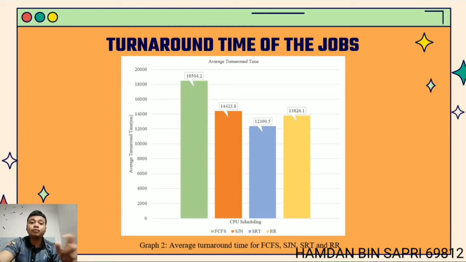Okay, based on the graph 2, first come first serve algorithm has the highest average turnaround time compared to another algorithm with average 90,504.2, 6.1. The lowest average turnaround time based on the graph is shortest remaining time with average 12,390.5.